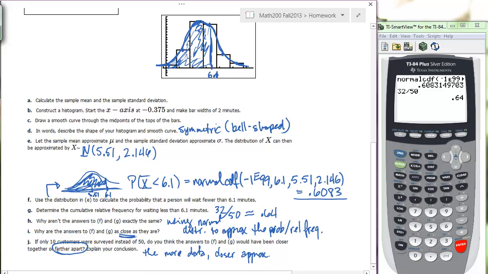And if you have a larger amount of data, you'll be a lot closer to the bell-shaped curve. If you have less data, you'll be farther away. So less data, not so good approximation.